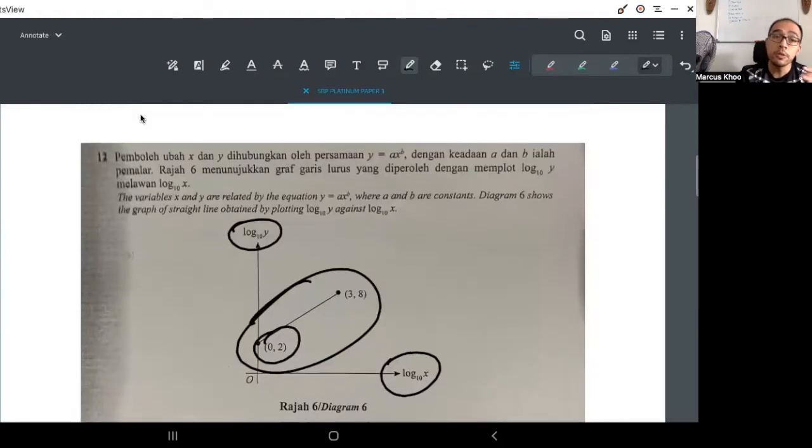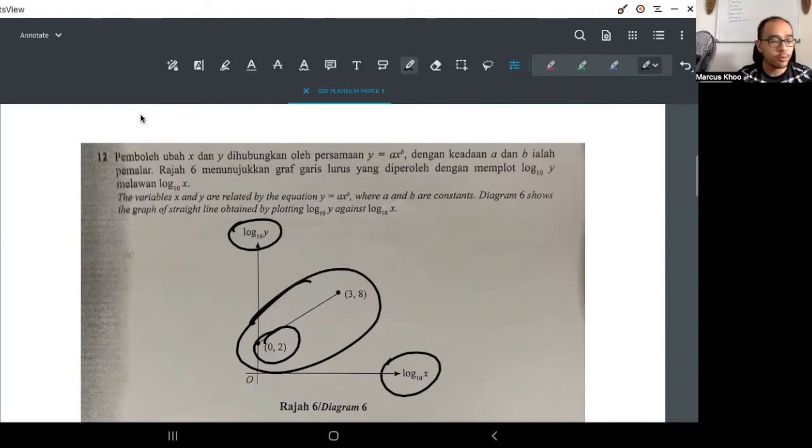Okay, so far, yeah, section A, so far all the section A questions in this platinum paper are quite easy. Compared to the gold paper which we did first, which is like, what is this question? So I wonder whether they made a mistake, like the platinum paper is easier than the gold paper.